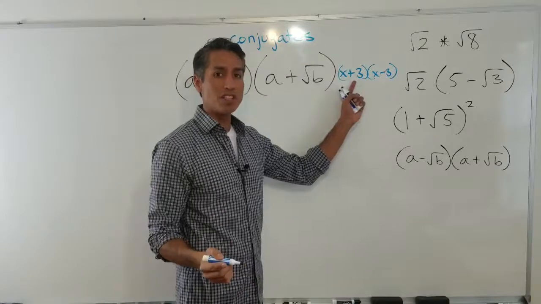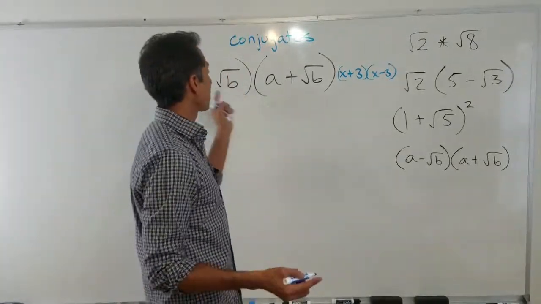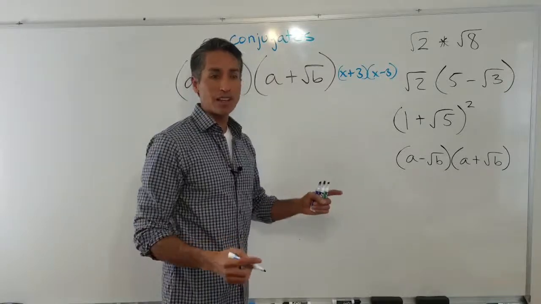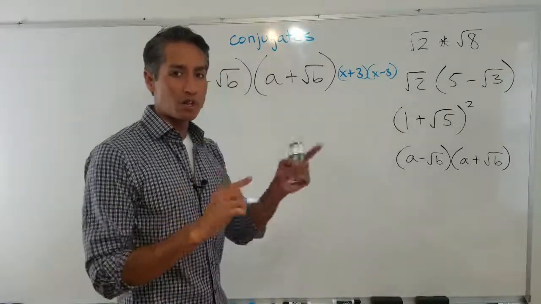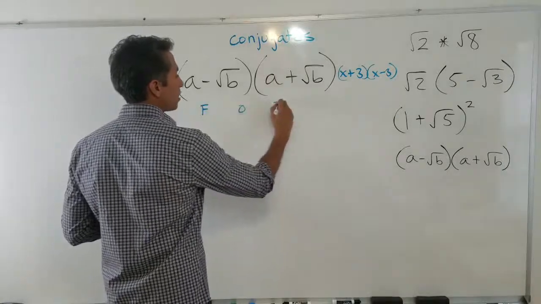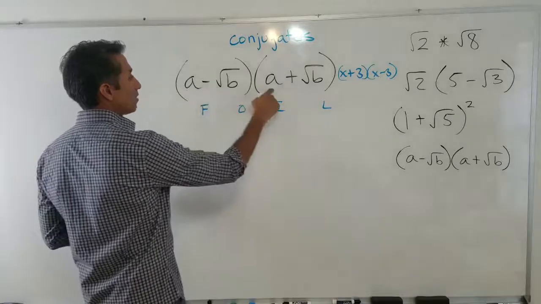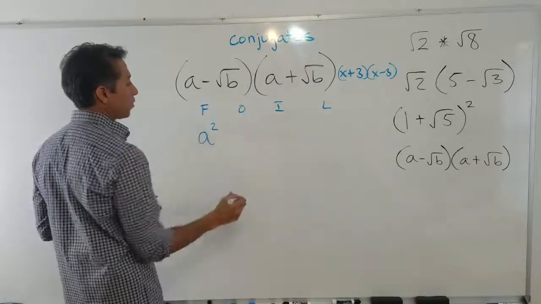So if you remember what to do here, it's pretty much the same thing here. But now we have square roots, so we just need to make sure we take that into account when we do our multiplying. So if you want, you can write out the letters. I sometimes do, it's up to you. A times A is going to be A squared.